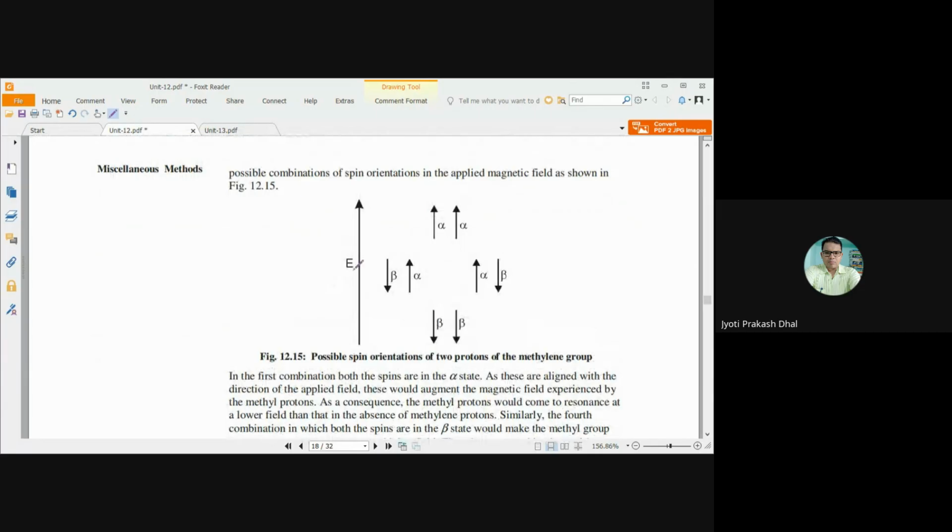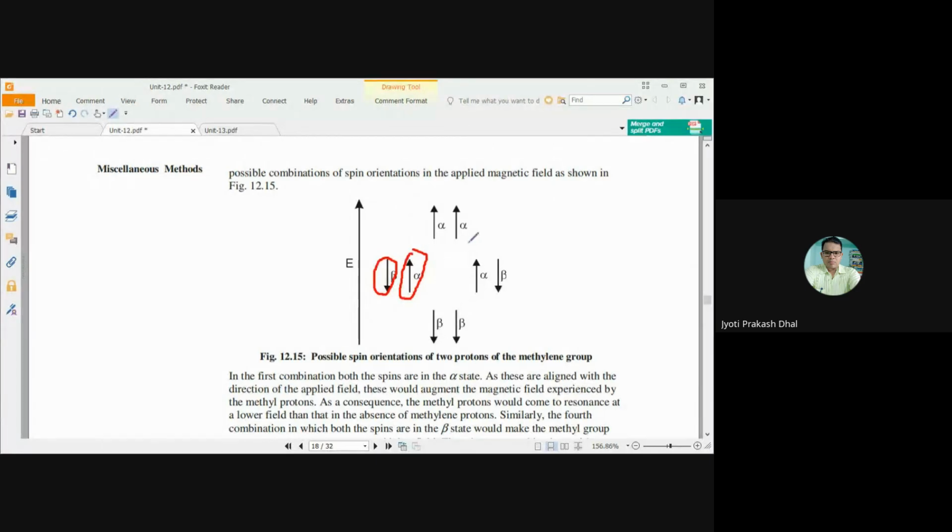The nuclear spin of the two protons means the two protons of the CH2 group. In one condition, the first proton will oppose the magnetic field and the second proton will align with the magnetic field, so no shifting of energy will be there.